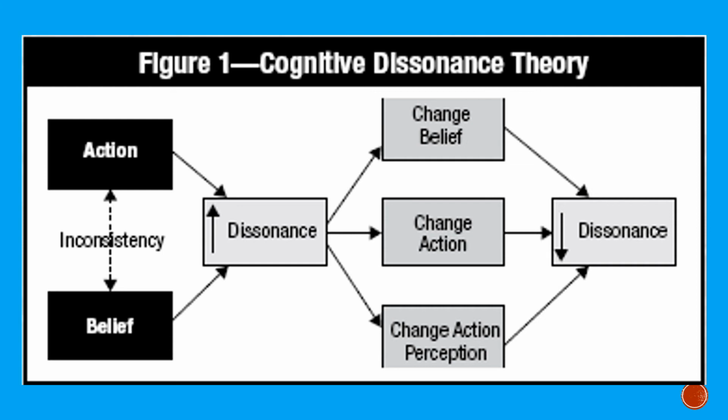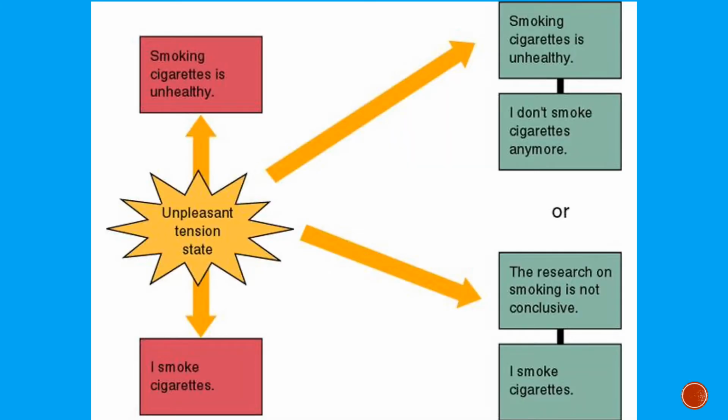Let's do a more concrete example. Let's suppose we have a situation where a person is a smoker, but they also believe that smoking is unhealthy and that it creates serious health problems like heart disease and lung cancer. And presumably the person doesn't want to get lung cancer.